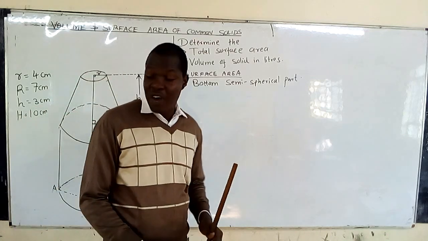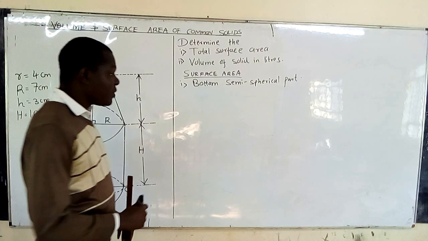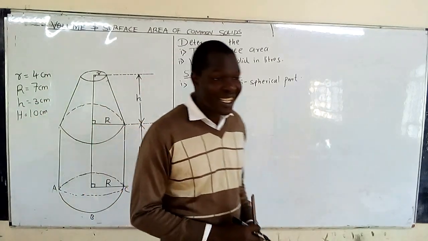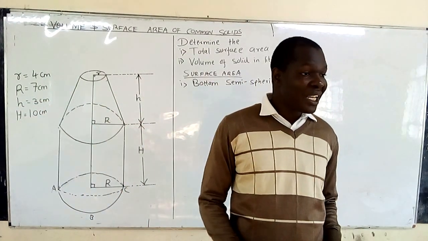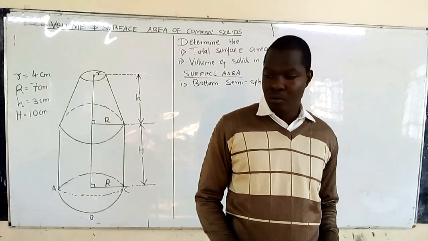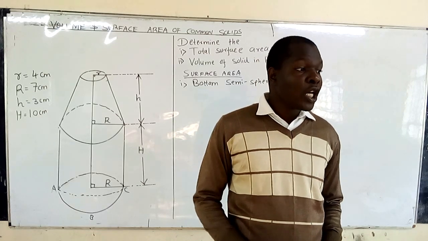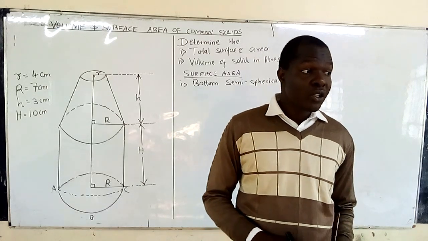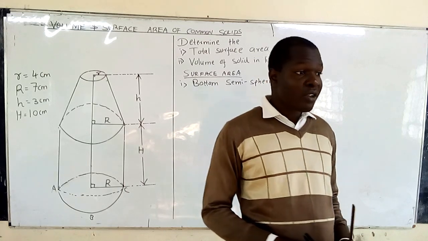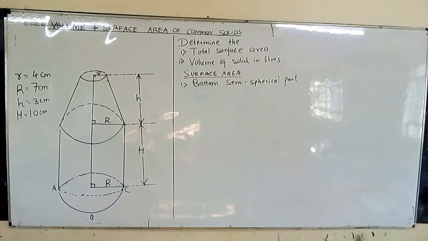The volume of a sphere is 4 by 3 pi r cubed, isn't it? And the surface area of a sphere is 4 pi r squared, isn't it?